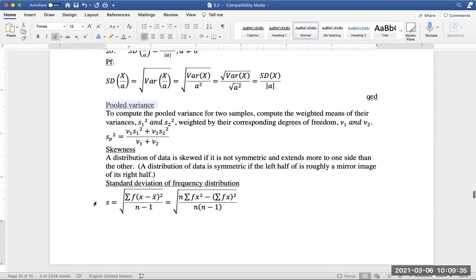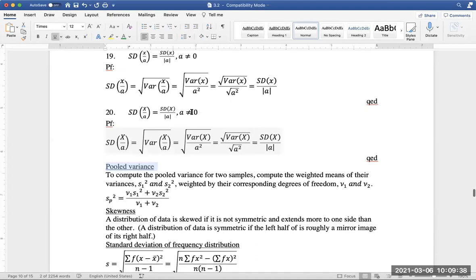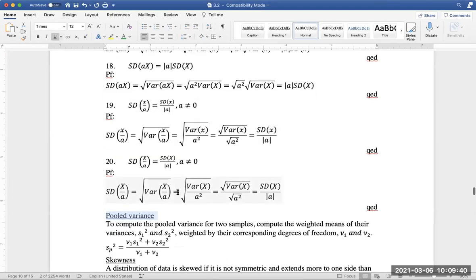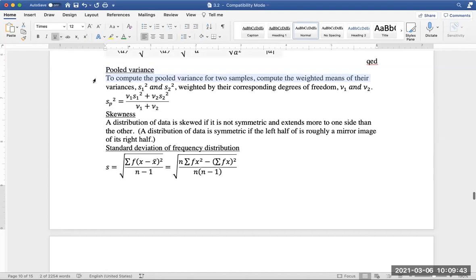Pooled variance. So I guess in my lecture notes, I'd use the previous facts. To compute the pooled variance for two samples, compute the weighted mean of their variances, where you're being weighted by their corresponding degrees of freedom, mu1 and mu2. So the pooled variance is equal to mu sub 1, s sub 1 squared, plus mu sub 2, s sub 2 squared, all divided by mu sub 1 plus mu sub 2.